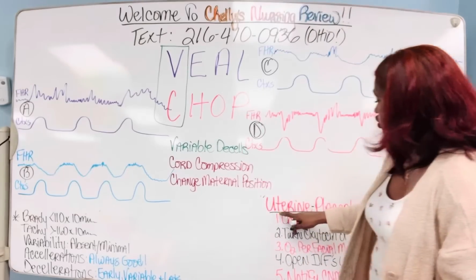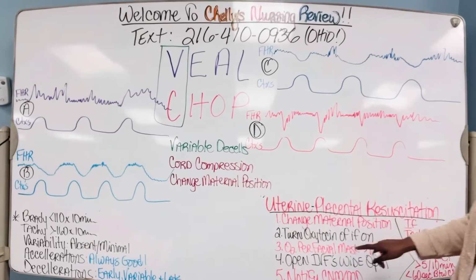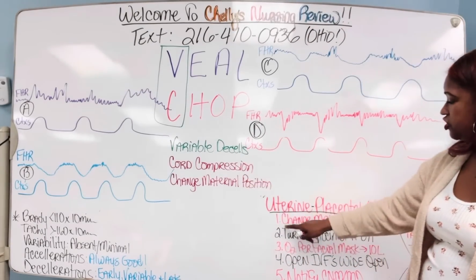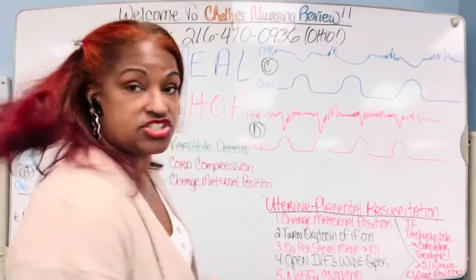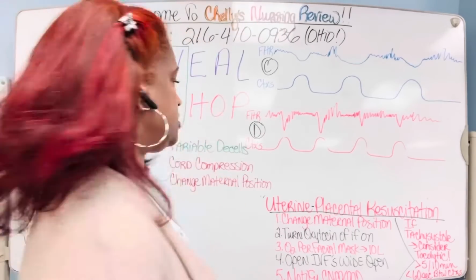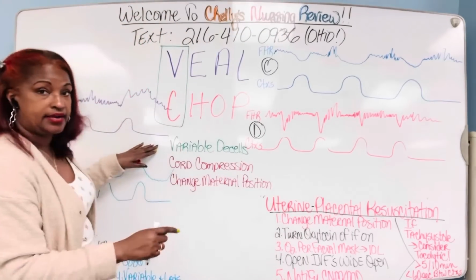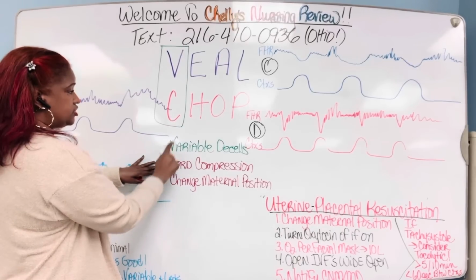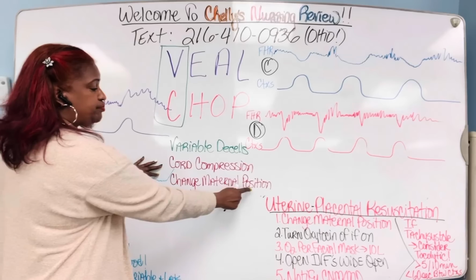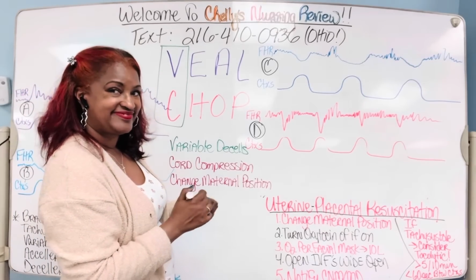Look, uterine placental resuscitation. Change maternal position. With variable decels, it's the first nursing action, okay? So again, V for variable decels, C for cord compression, C for change maternal position. I'm moving on.